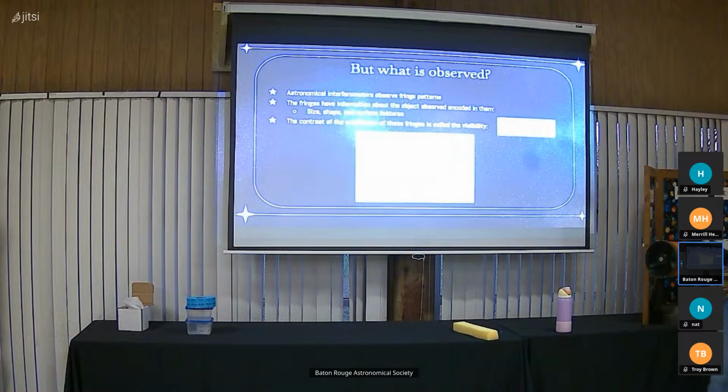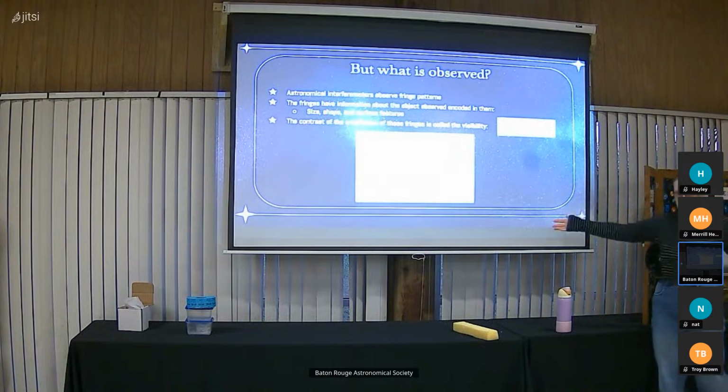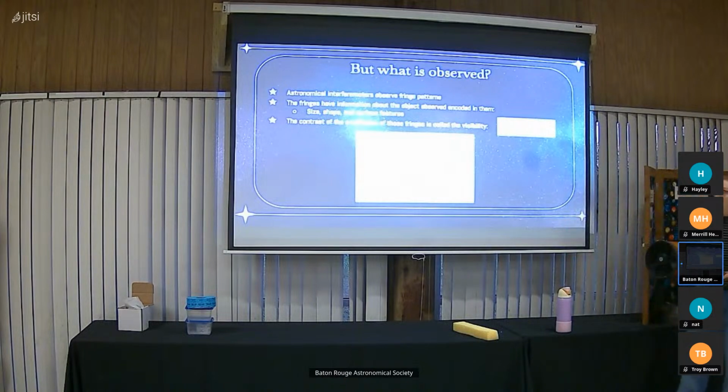And so the recombination of light in interferometers produces these patterns. This is a very idealized fringe packet. They don't really look like this when you're actually taking the data. They're actually much messier than this, but that is the story of science. But the cool thing about this is that by just observing one star with 2 telescopes, there is an insane amount of information encoded within these parameters.